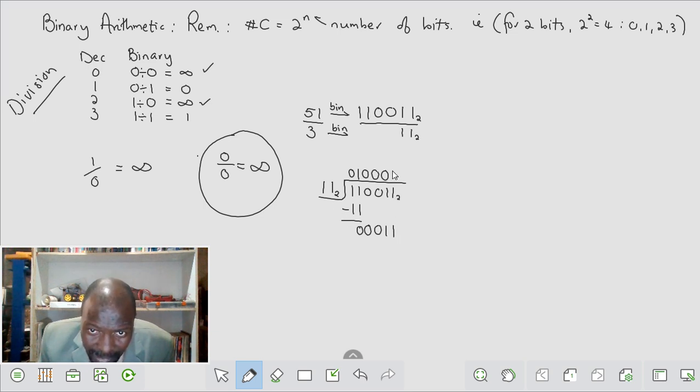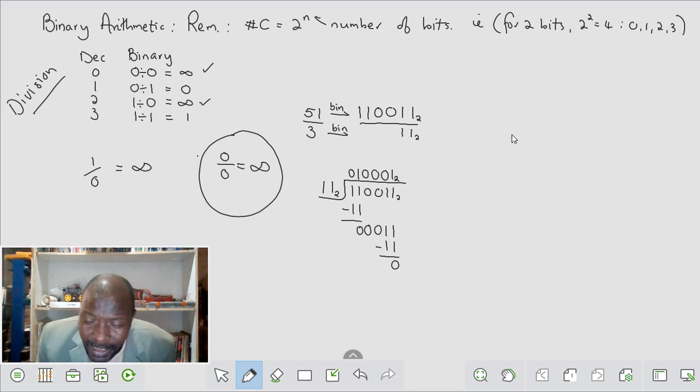They are the same in fact, so it will go in 1 time, and therefore we multiply, and that is 1 1. We subtract, and therefore our answer is 0. When we've got 0 here and there's nothing else to bring down, then we know that this here is our answer. So we can put our little 2 there. So this is basically how binary division is going to be done.